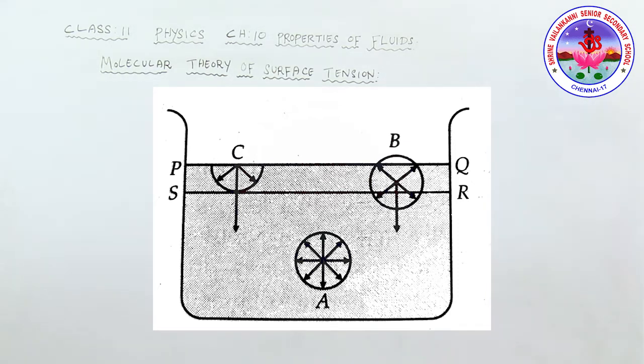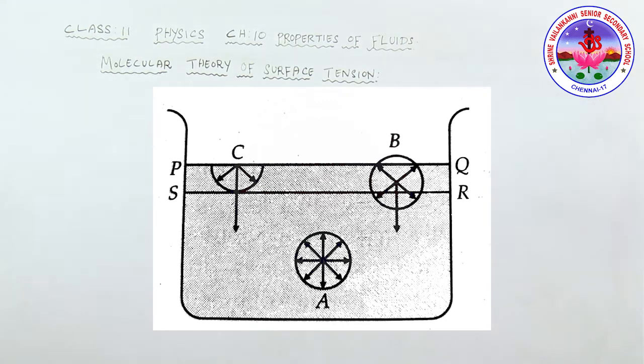See the molecule C, half of its sphere of influence lies above the surface. So the resultant downward force on such a molecule is maximum. Due to this downward force, the potential energy of the molecule of the surface film is higher than those lying well inside the liquid.